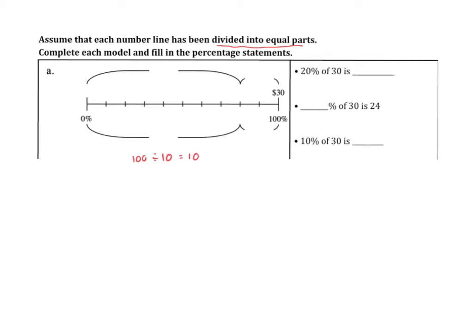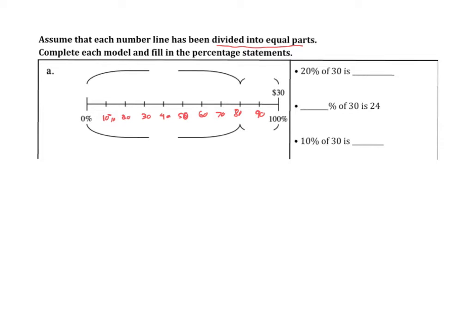So that means each of these lines represents 10%. So there's 10%, 20, 30, 40, 50, 60, 70, 80, 90, and 100. There's all of our percentages.